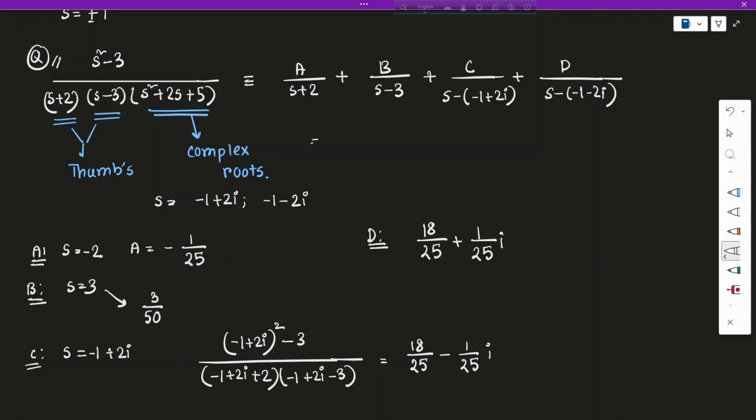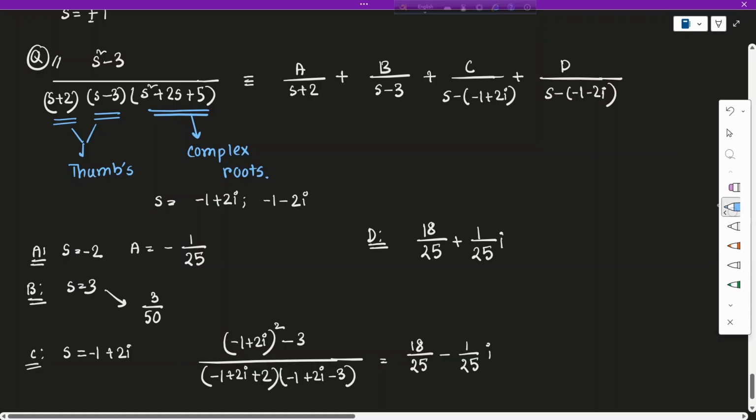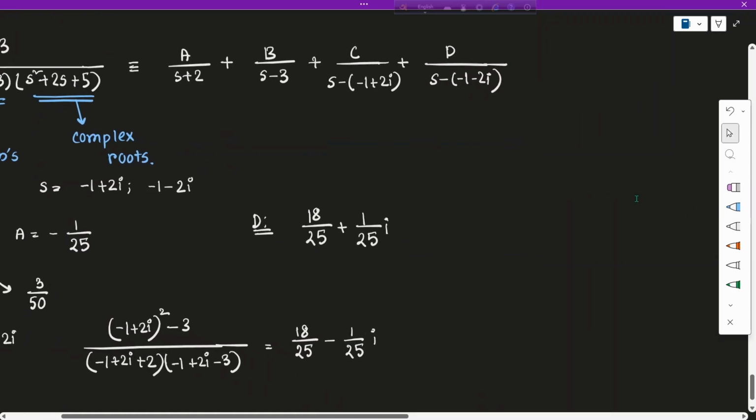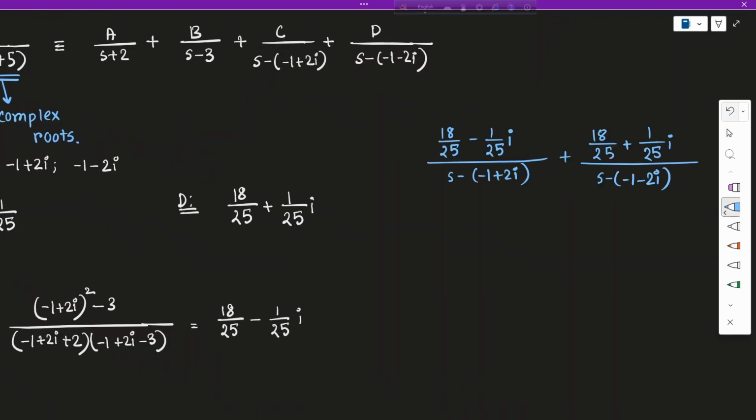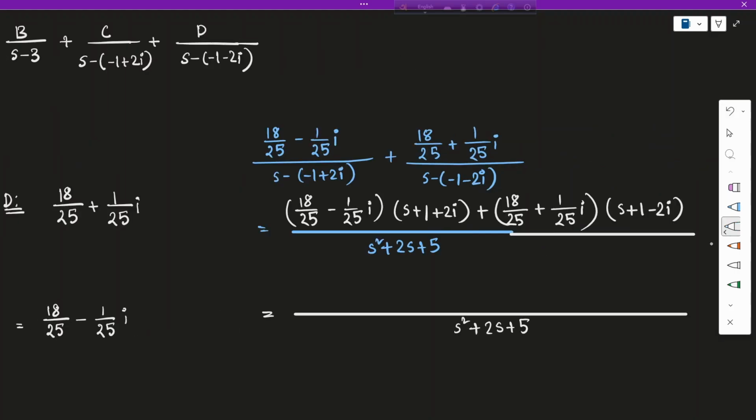Okay, so let's plug them in. First of all, before plugging them in, let's furnish the c and d part first. For the c and d part, we need to add these two fractions together in order to get them in a standard form where there are no complex portions. So the denominator is going to become this, and for the numerator, let's try to find the coefficients.